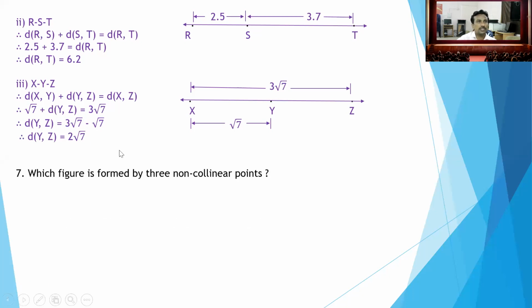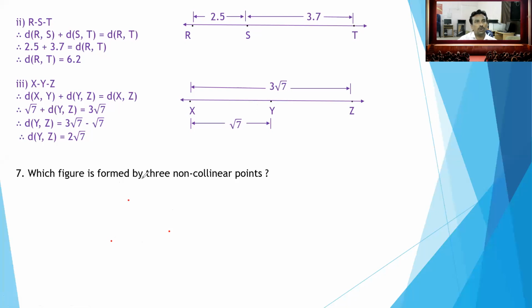Now, the last question is, which figure is formed by 3 non-collinear points? Non-collinear means they are not in the same line. Suppose this is a point, this is another point, this is a third point.